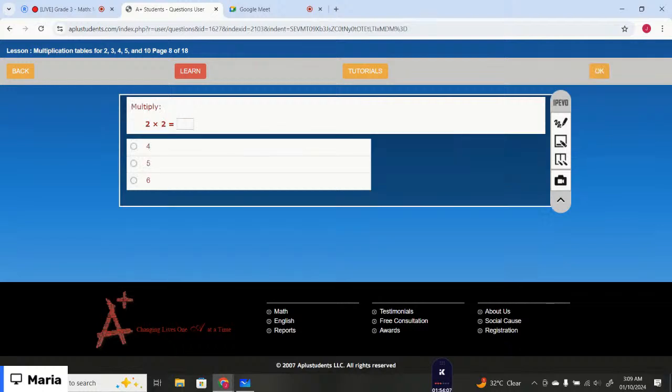2 times 2, which is the correct option? That is 4. 2 times 2 is 4. Option number 1 is the correct option.